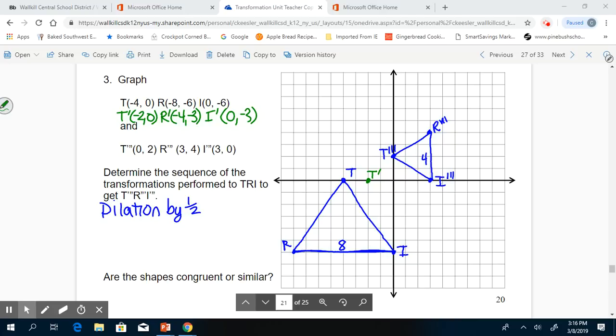R prime, -4, -3 is left 4, down 3. And I prime, 0, -3, stay at 0, down 3. So now we have a smaller triangle that's congruent to the triple prime figure. So we have one more in-between stage that we have to figure out.